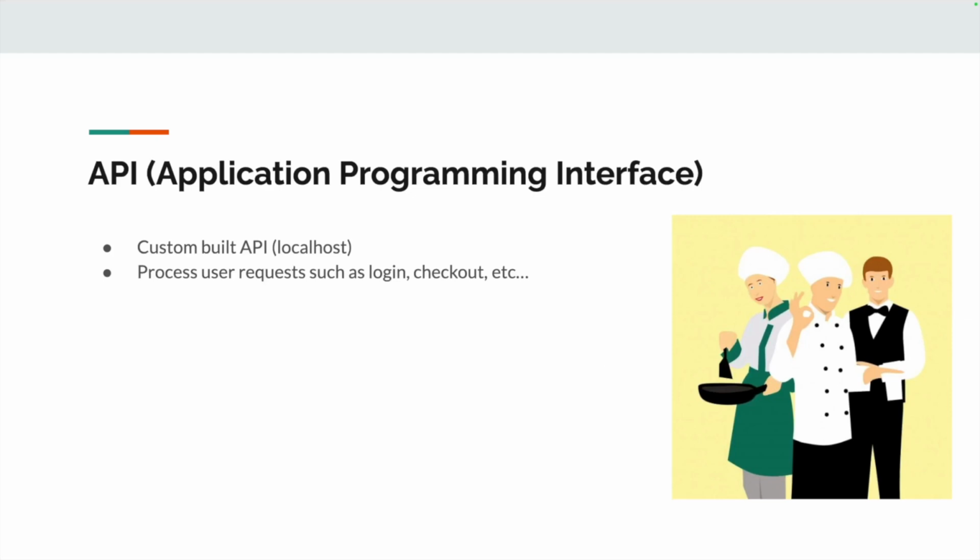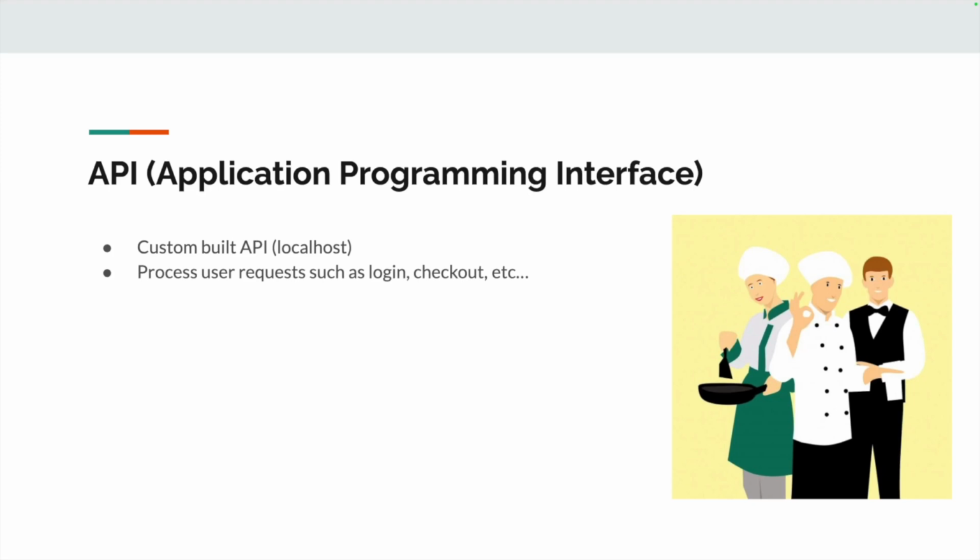So, API stands for Application Programming Interface. And like I mentioned before, I built my own custom-built API, which I will be storing locally. And this is where it will process a user request.